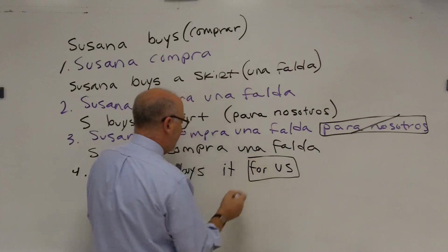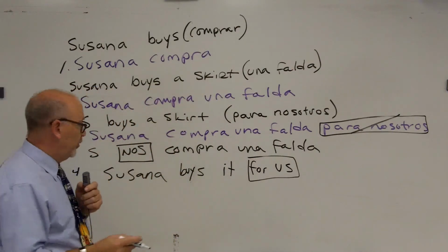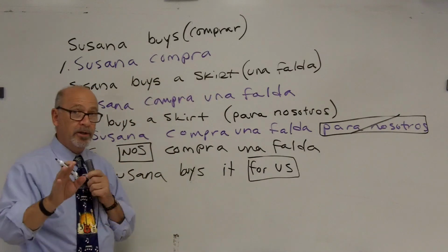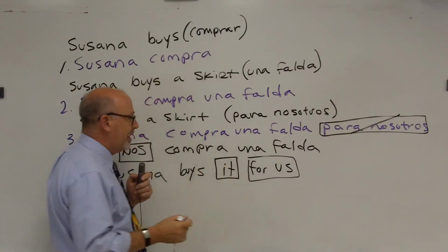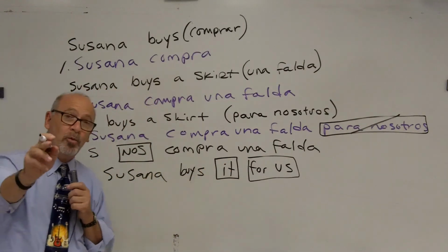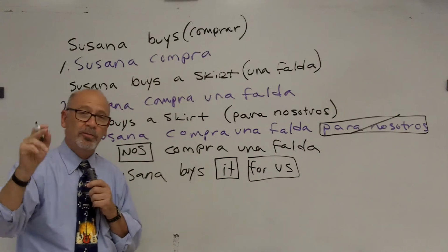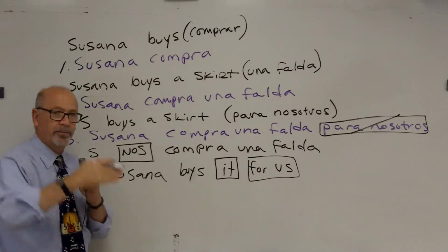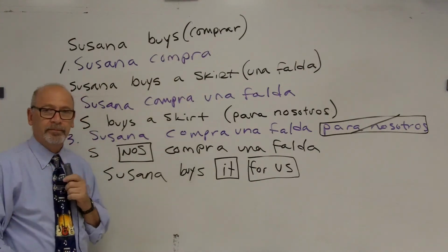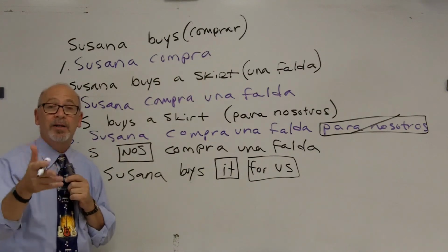Now, we already did the word for us, but now I want you to do this also. Change that to a bird word. And guess what? It also goes before the verb. So you're going to have two bird words before the verb. Time out. Give that a try, and we'll see how you did. We'll come back.